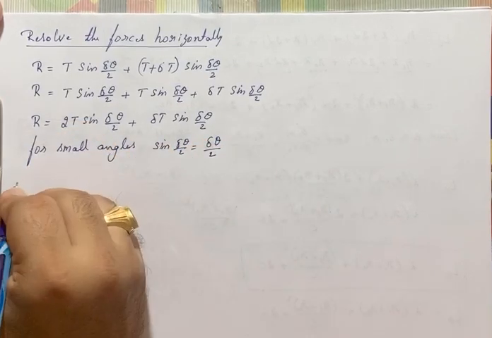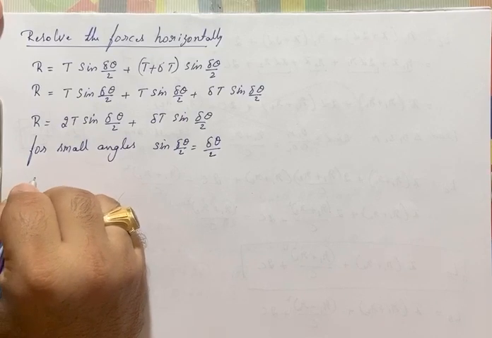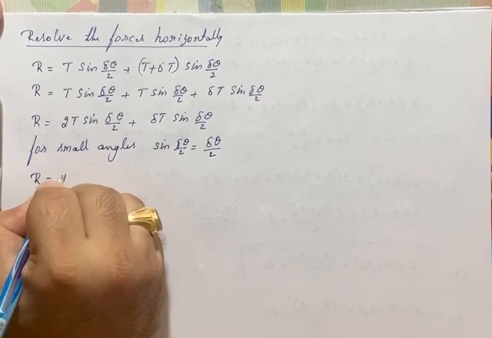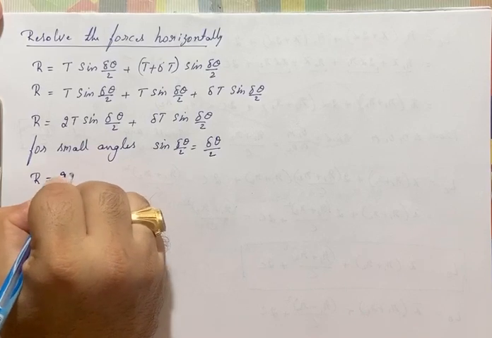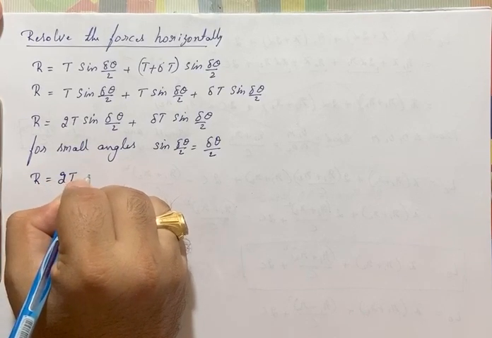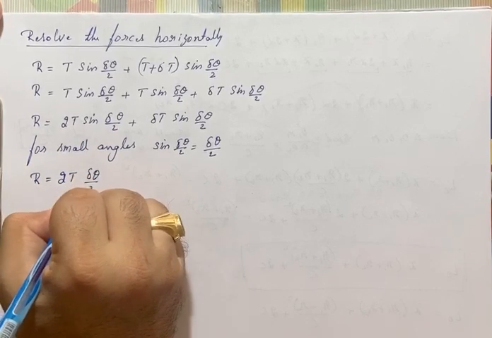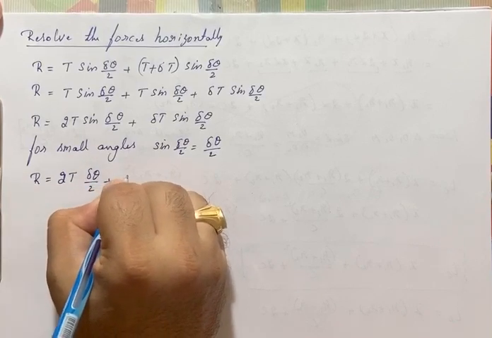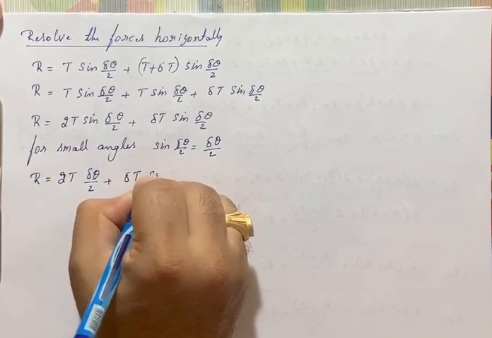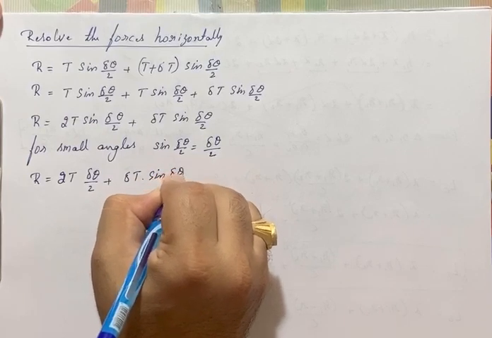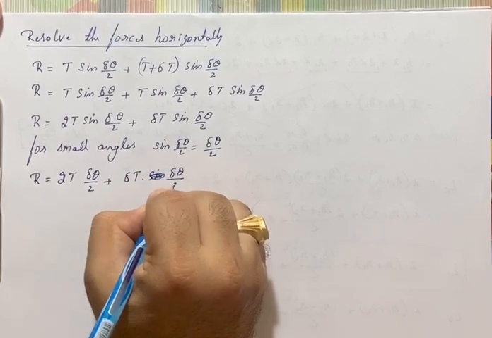So I will substitute in the above equation: R equals 2T into delta theta by 2 plus delta T into delta theta by 2.